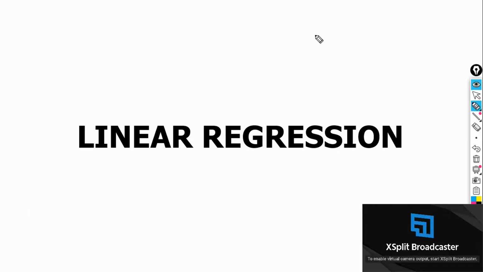So in the last session, we understood what is regression. What do you mean by regression, friends? Regression means the algorithms that work on continuous data.